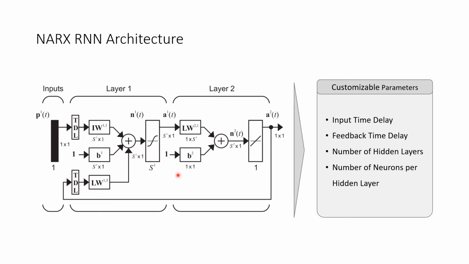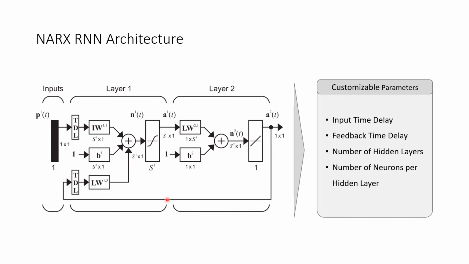So the architecture of the neural network is shown in this slide. We can see it is actually a pretty simple feed-forward network. The only difference is we have time delays and we have a feedback loop in this configuration. Everything else is actually pretty straightforward.